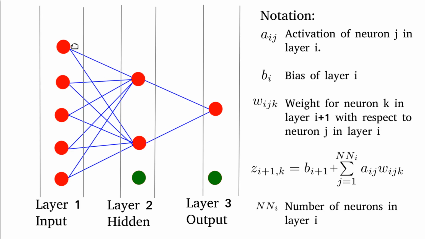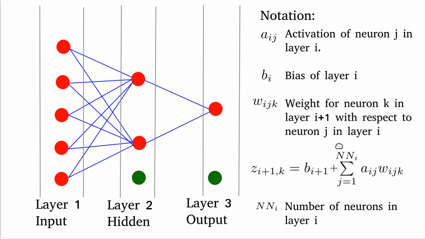They interact with the weights and the activations on the previous neurons in a specific way. And the way it starts is as a linear combination. Let's say we're looking at this neuron. This is the first neuron in the second layer. So in this case, i is equal to 1, so z sub 2, and k is equal to 1.